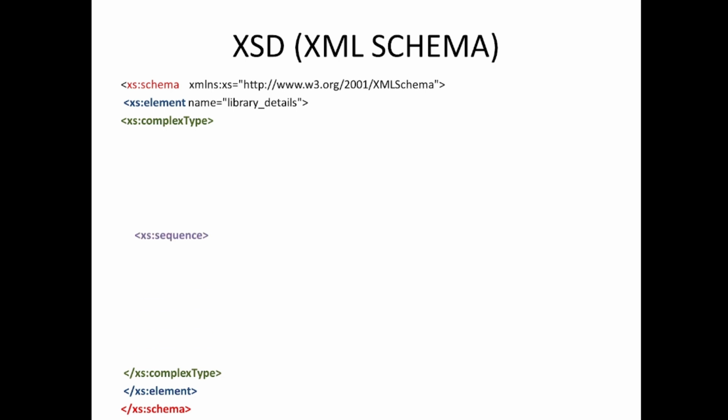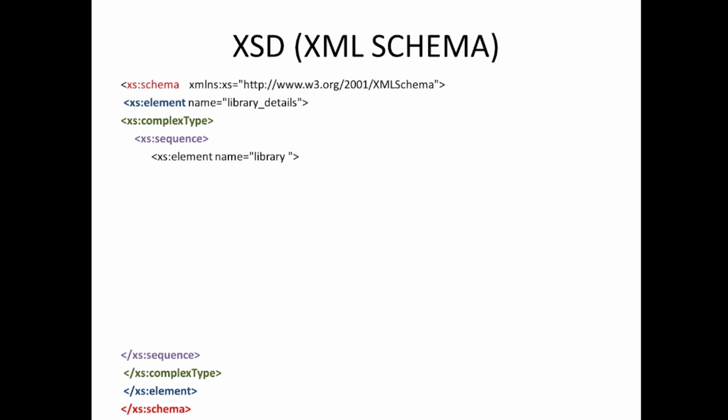And here I mention xs:sequence because your library details will follow some sequence. And then I have another element which is a child of my library details, that is my library, which further acts as a parent node for book name, author, editor and so on.